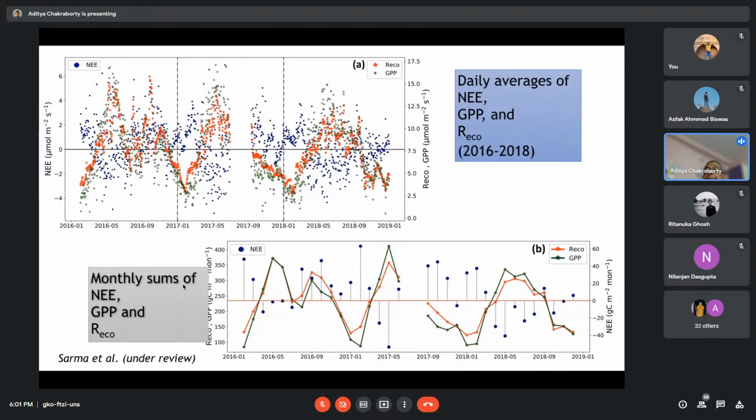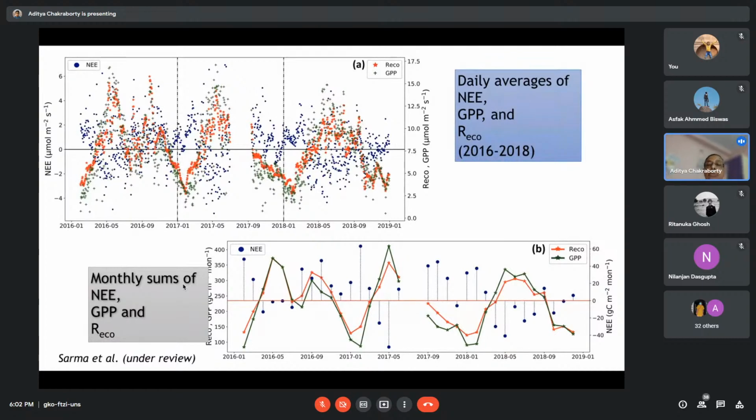If you see here, this continuous red line shows RECO, meaning total ecosystem respiration, and GPP, that is total assimilated carbon, is shown by this dark green line. Sometimes you will see that RECO exceeds GPP, and in some cases GPP exceeds RECO.